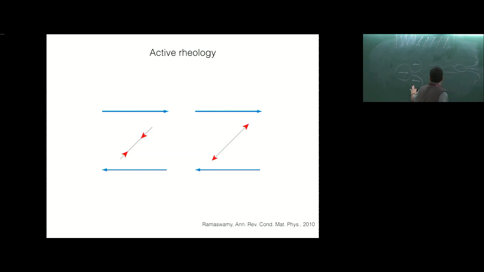So this is called a puller, right? And what that does to the stress is that it opposes the external stress. And as a result, if you take a suspension of these organisms and look at the viscosity as a function of how many you put in, it actually goes up.